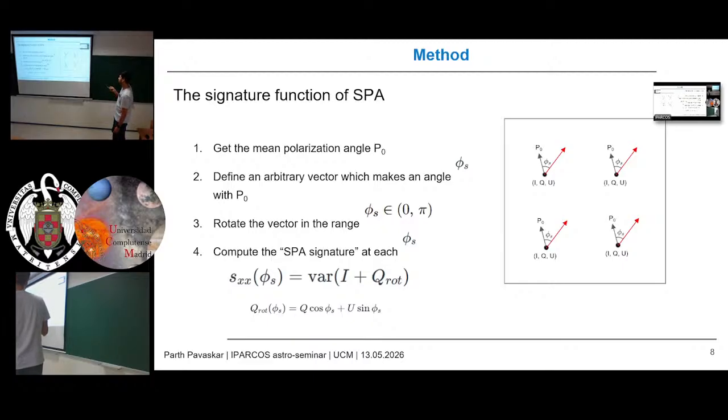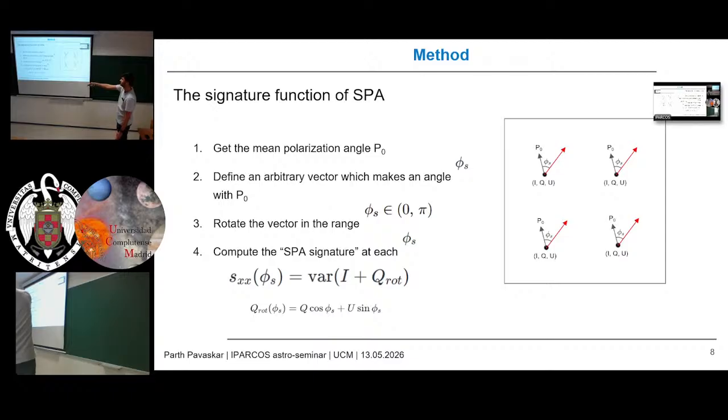So phi s ranges from 0 to pi, and at each rotation you compute this function, now called sxx for legacy reasons, which is basically the variance of I plus q. I just removed the 2 here because it doesn't matter. And of course, q and u are already rotated parameters, so once you rotate your Stokes frame, you also have to correct your q, which is given here as q rotation.